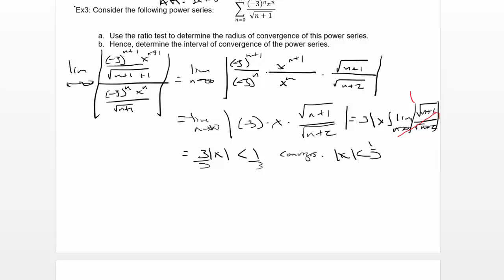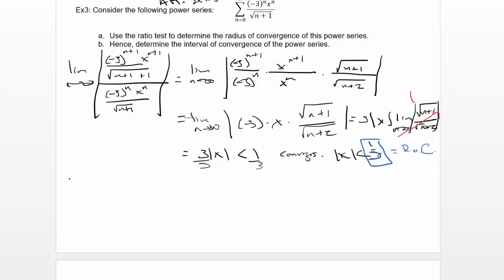So the radius of convergence is therefore 1/3.